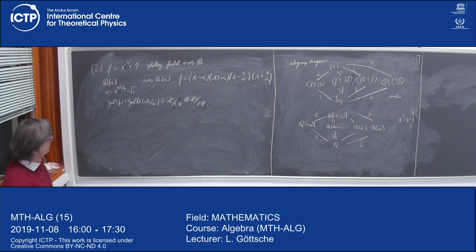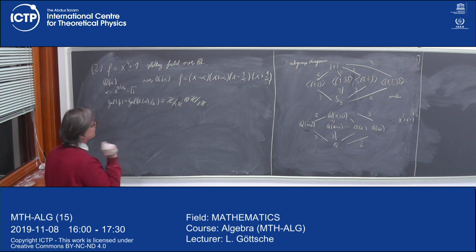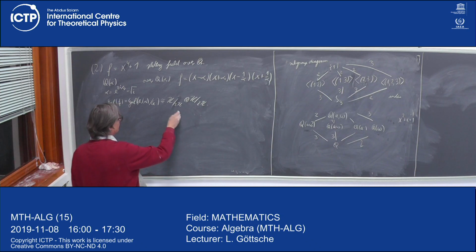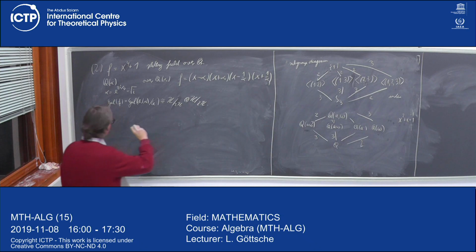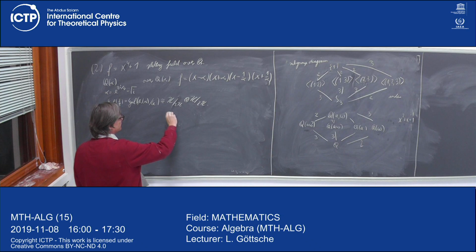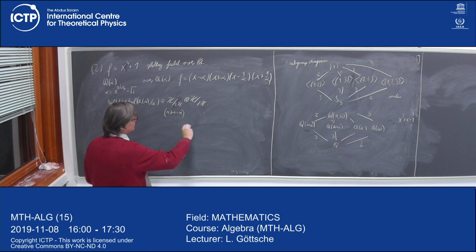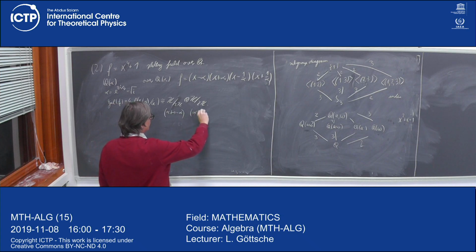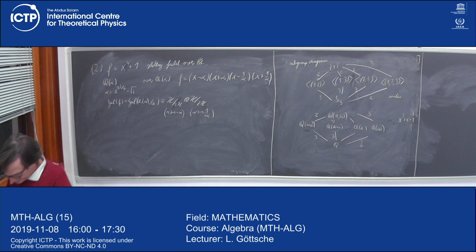Namely, this isomorphism is in fact such that this one is generated by alpha goes to minus alpha, and this one is generated by alpha goes to 1 over alpha. So this is what we had seen.